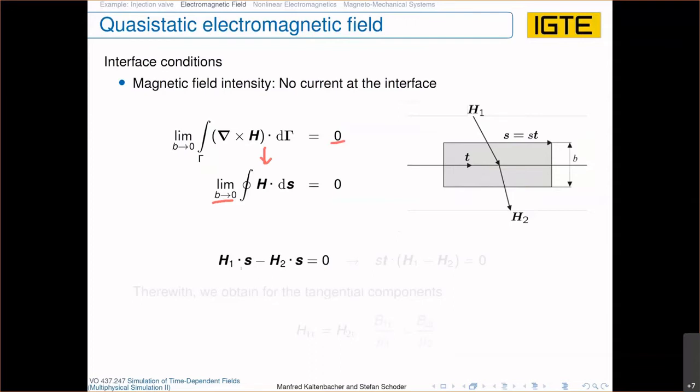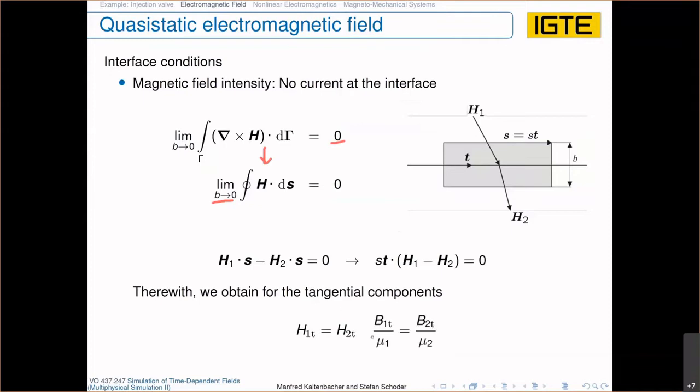We take the dot product with S, where S is in the tangential direction concerning the interface. In this sense, we clearly see that we have a continuity of the tangential component of the magnetic field intensity. On the other hand, using our constitutive equation between B and H, we get that the tangential component of B is jumping.